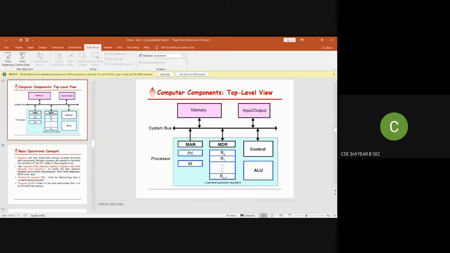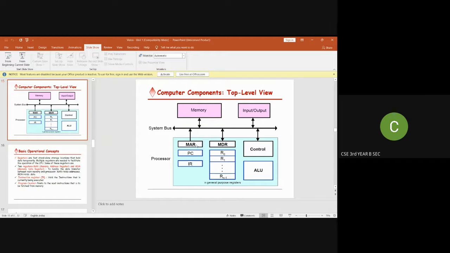If the processor needs any data from the memory, this address is given to the MAR, which carries the address and gives it to the memory in order to access the particular word. After accessing the word, if it is a read operation, the data is given to the MDR. The memory data register carries the data.